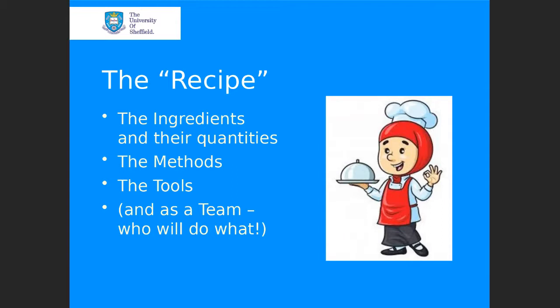For example, naming of specific quality checklists, or whether we're going to be using the GRADE-CERQual methods for assessing confidence around review findings. And if we're cooking in a team, then usually we can use the recipe to apportion tasks, and that's equally true in the context of a systematic review.